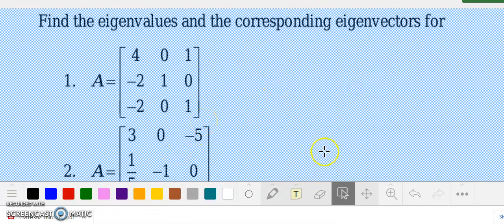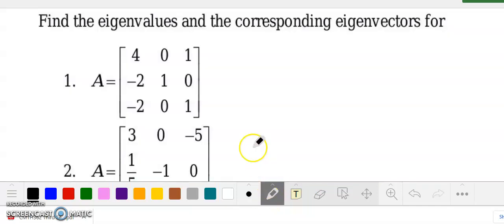In this first question, we've got the matrix with rows 4 0 1, negative 2 1 0, negative 2 0 1. This is a 3 by 3 matrix.